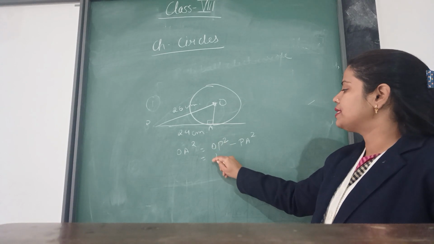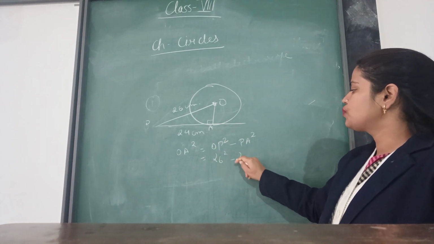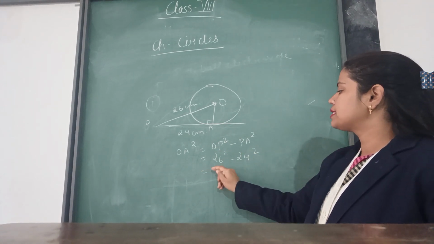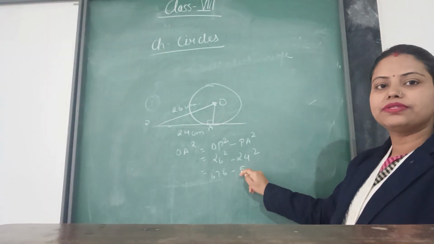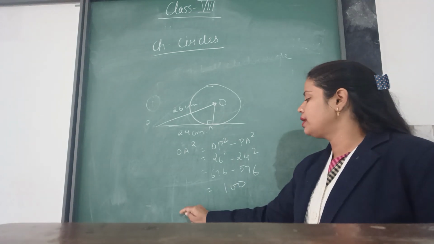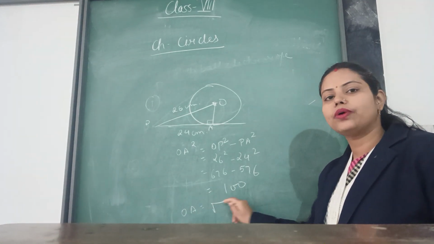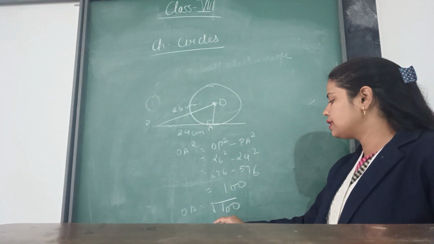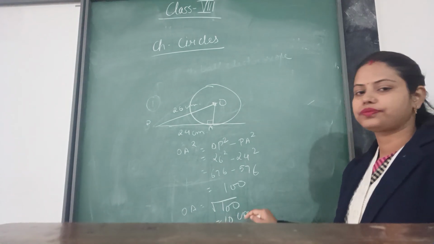So from here I am getting 26 square minus 24 square, which is 676 minus 576. So we are getting it to be 100. From here I can write OA is equal to square root of 100, that is equal to 10 centimeter.